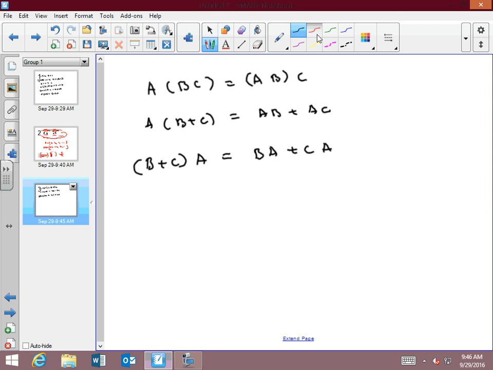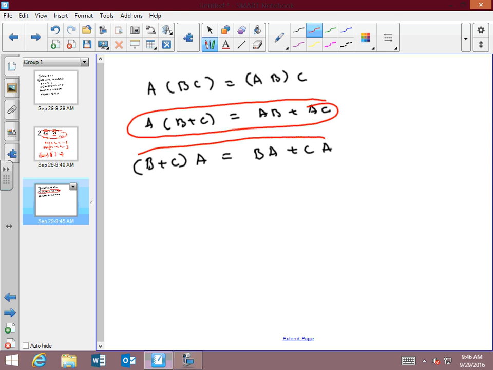But you cannot, these two are going to be different. You cannot say that A times (B plus C) is equal to (B plus C) times A. That won't work, because when you do this, those are not necessarily the same, and they might not even be doable because your columns and rows might not match up, or rows and columns.